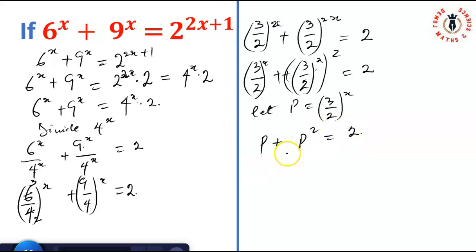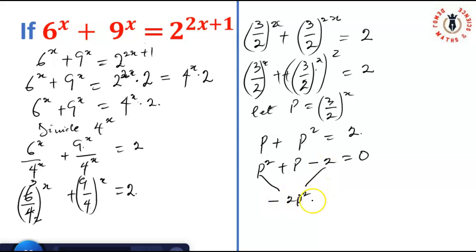Now, obviously, this is a quadratic equation. We can solve this quadratic equation simply by factorization. P squared plus p, and we are arranging, 2 comes to the other side, minus 2 is equal to 0. Now, to solve this by factorization method, I can pick p squared and minus 2. It becomes minus 2p squared.